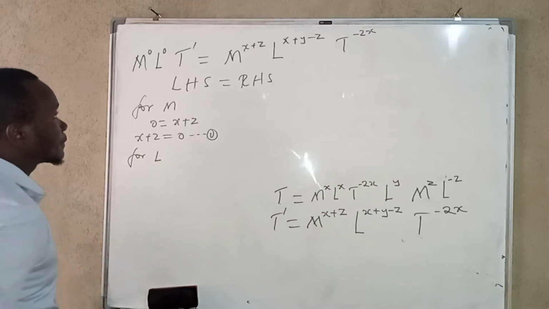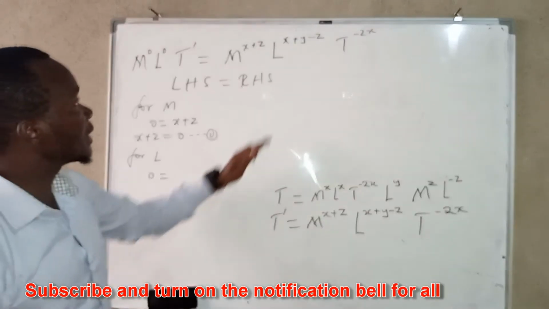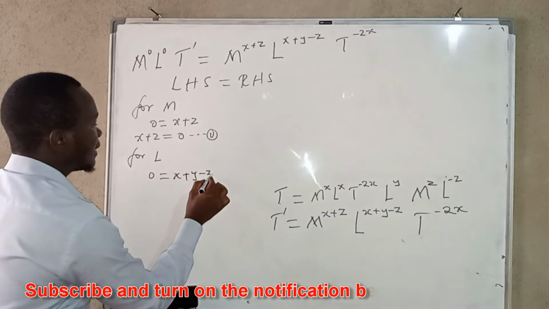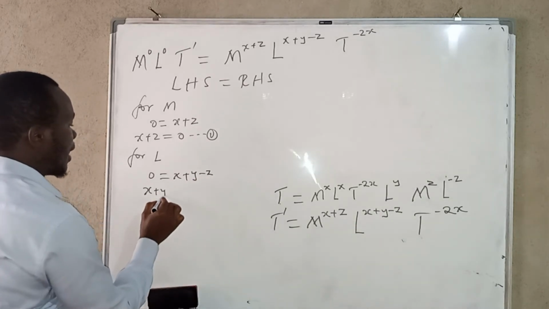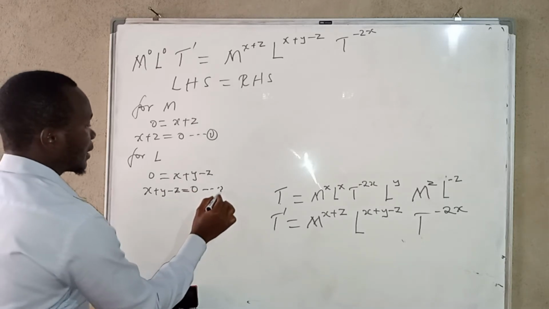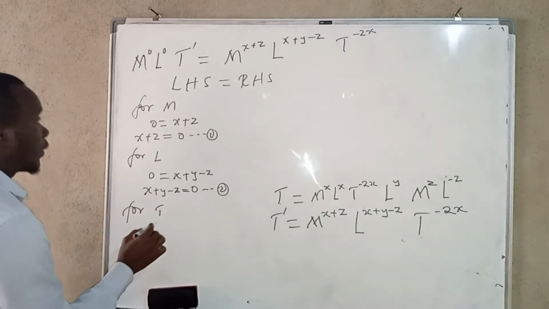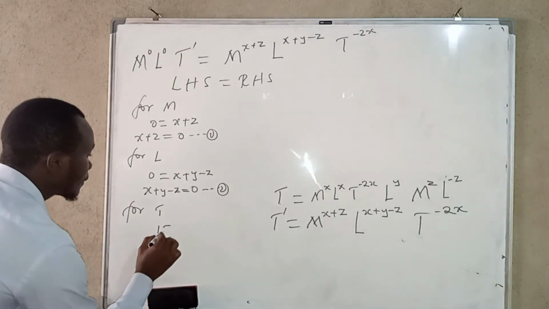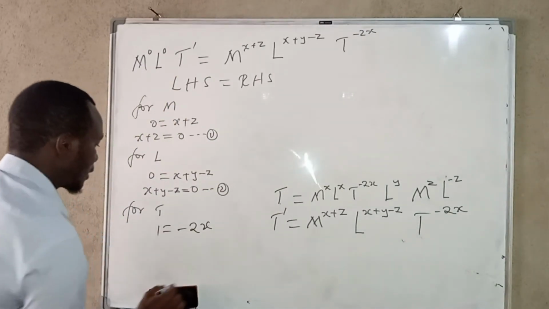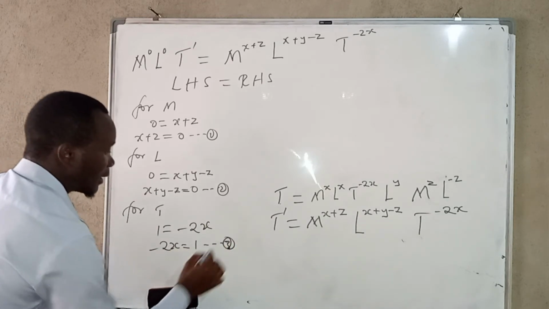For L, on the left we have 0, which is equal to, on the right we have X plus Y minus Z. So X plus Y minus Z must give us 0. Let us call this equation 2. For T, we have 1 is equal to, on the right we have negative 2X. So negative 2X is equal to 1. Let us call this equation 3.